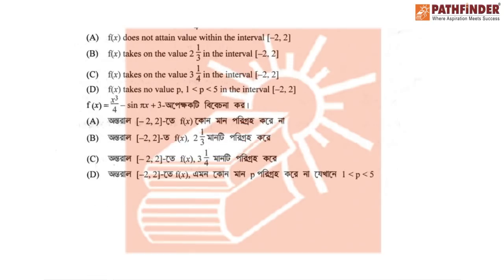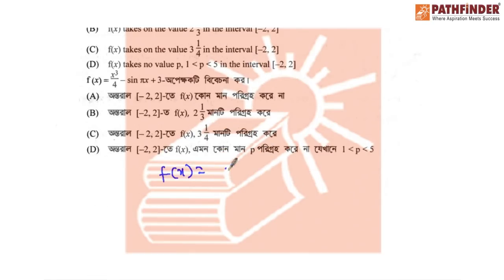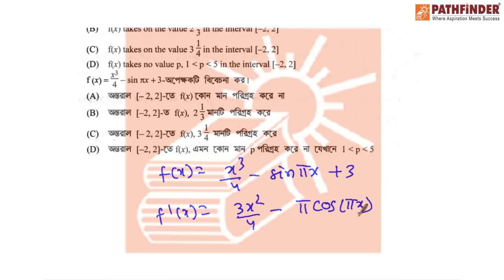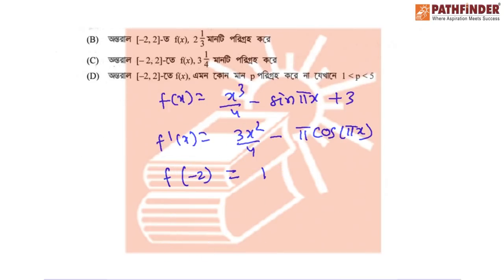Question number 75. f(x) is given to you as x cube by 4 minus sine of pi x plus 3. f dash x is 3x square by 4 minus pi cos pi x. Now if you calculate f of minus 2, you will get 1, and if you calculate f of 2, you will get 5, and f dash x is not equal to 0 between minus 2 and 2.